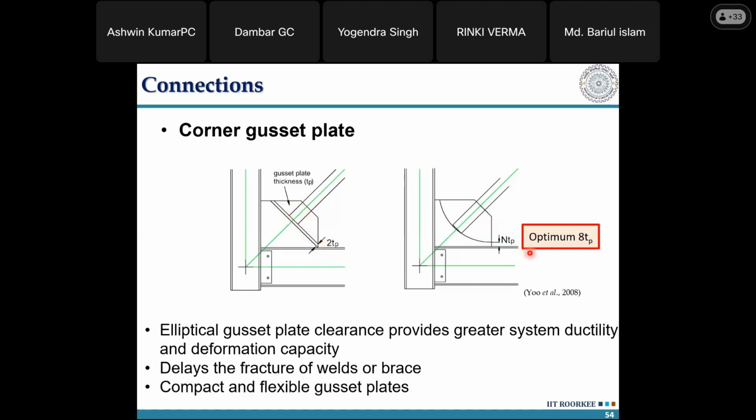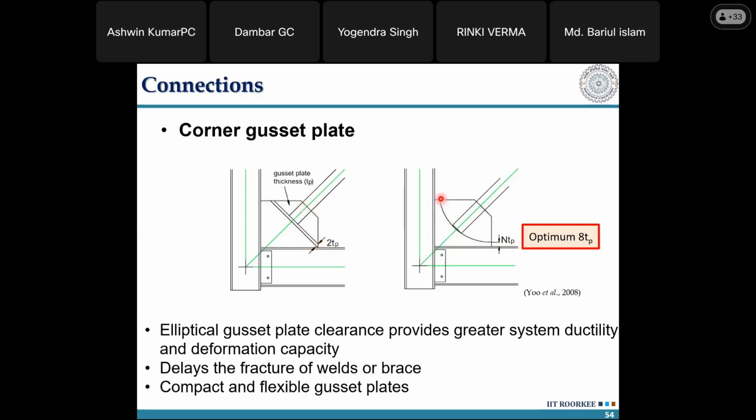But there is a study by Lehman and Roeder which gives a better calculation and reduces the size of the gusset plate. It says if you give an elliptical clearance of 8 tp, that would perform better. There is nothing wrong with the performance of the linear one. The only case is you are wasting a lot of steel plate by giving this linear clearance.